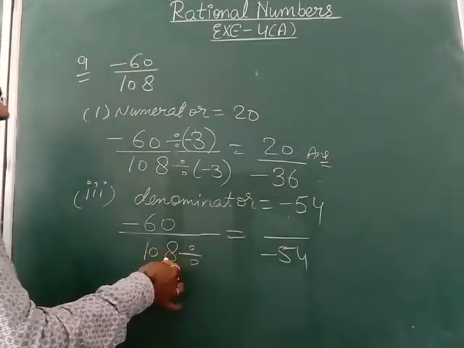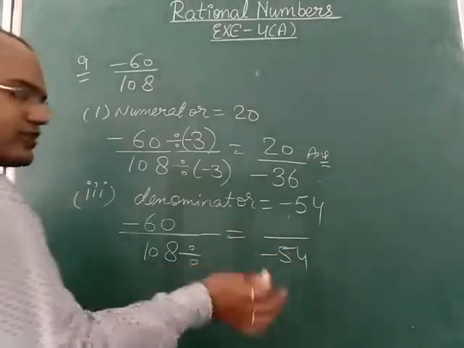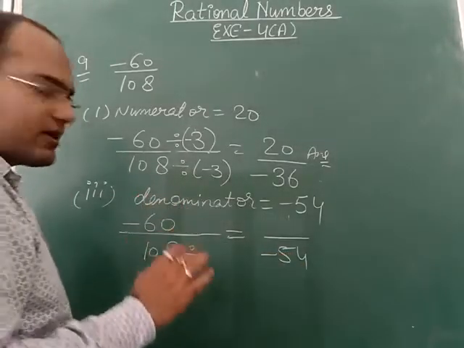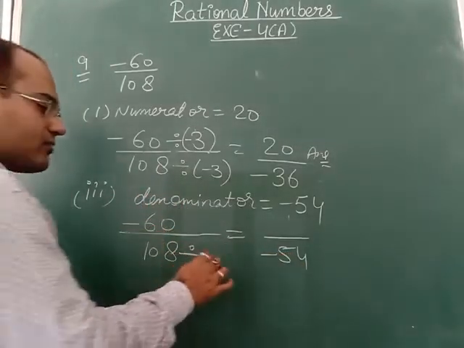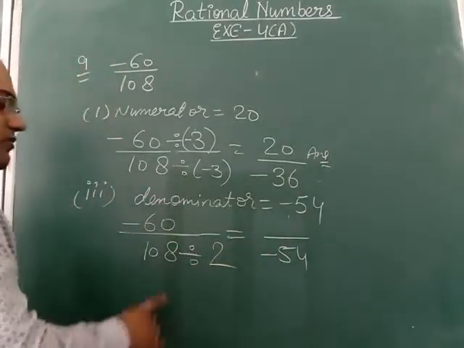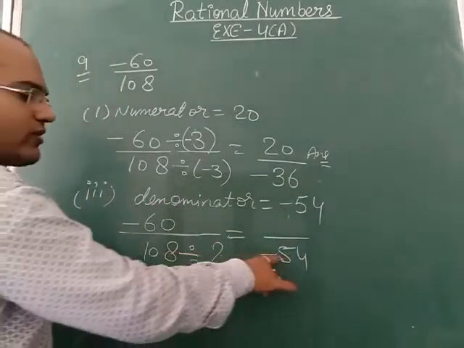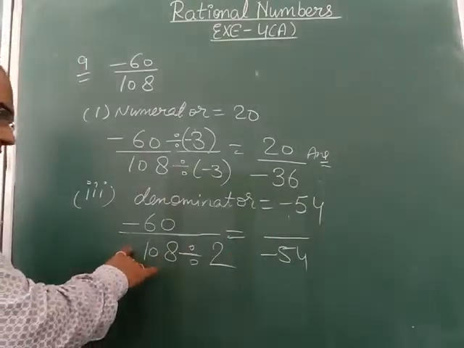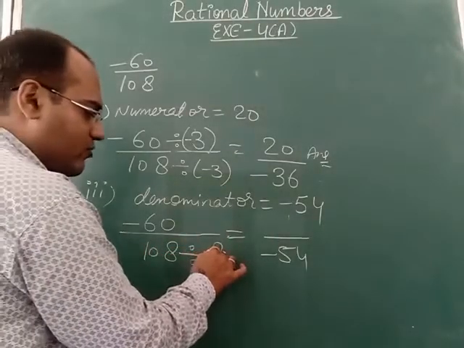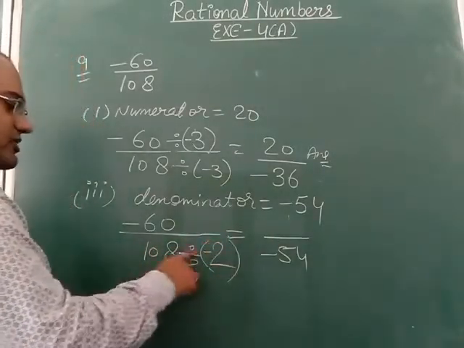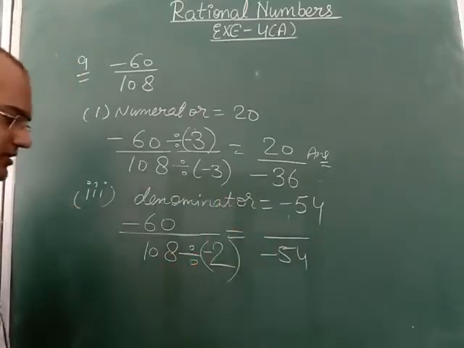By which number? 54 into 2 is 108, that means we have to divide with 2. So when we divide this number by 2, we get 54 as the answer. Here it is plus sign, so here we have to take minus sign, because plus and minus will become minus.